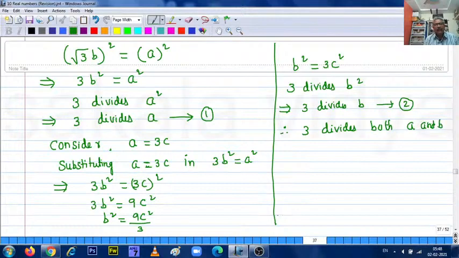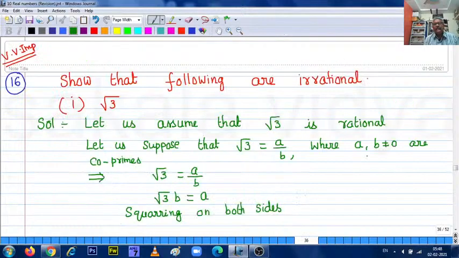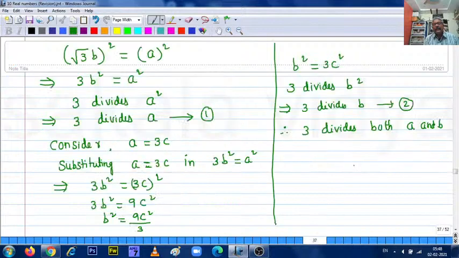But according to our assumption, co-primes means HCF of a comma b is equal to 1 only. But here HCF of a comma b becomes 3.